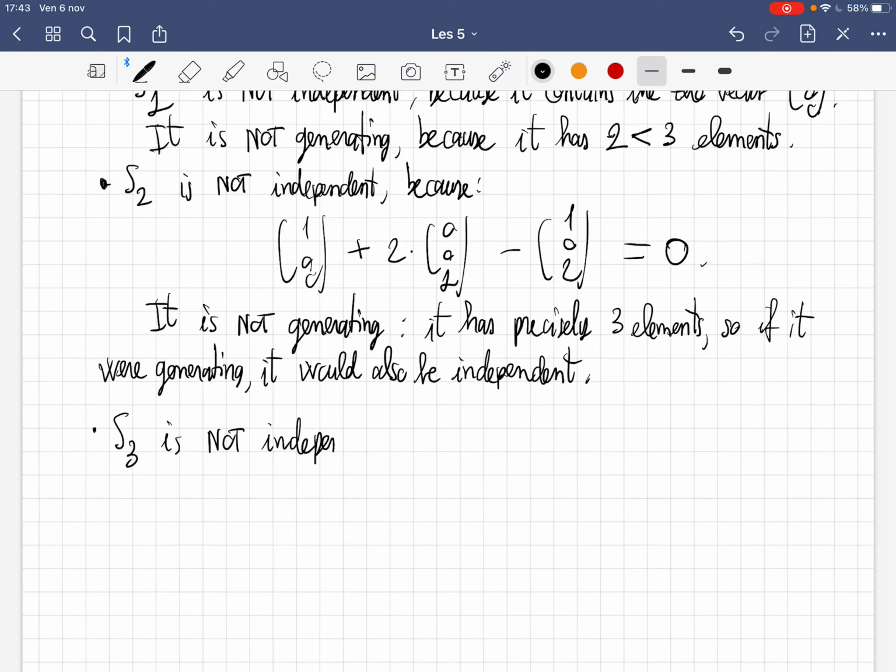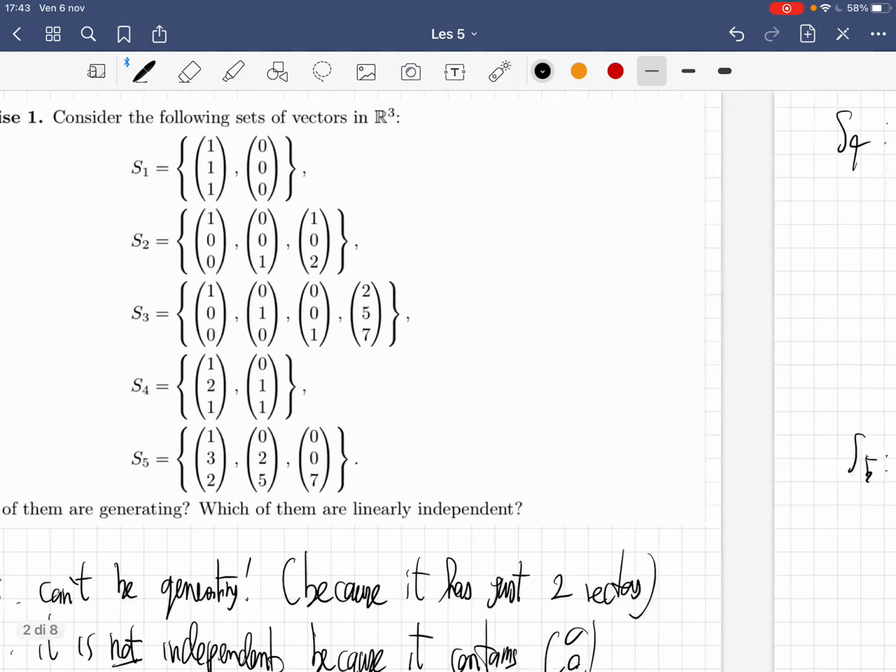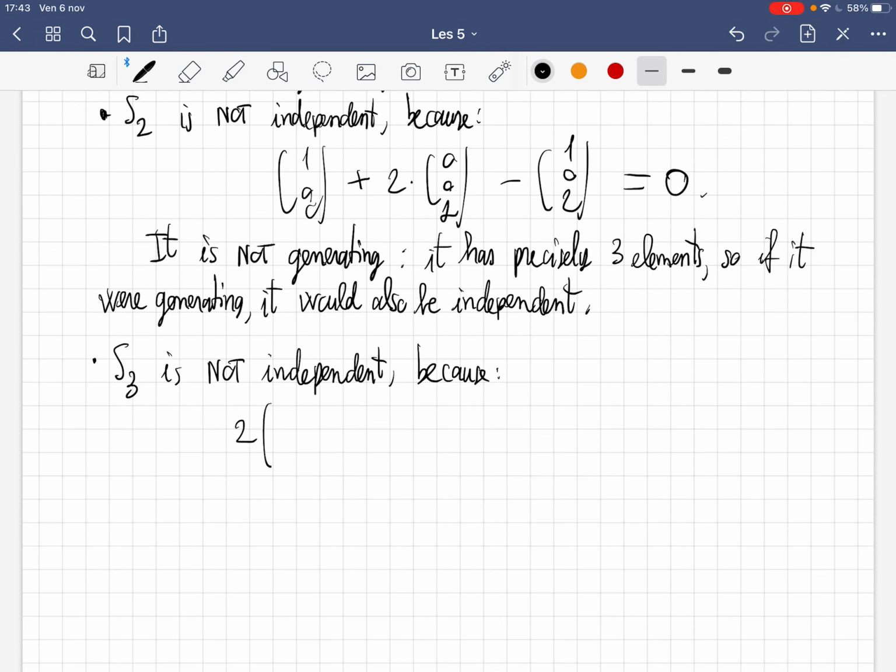This is not independent, well, 2 times 5, 7.